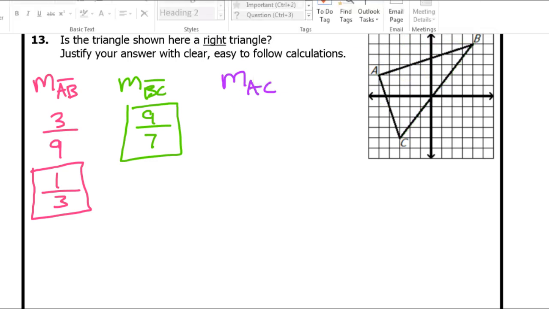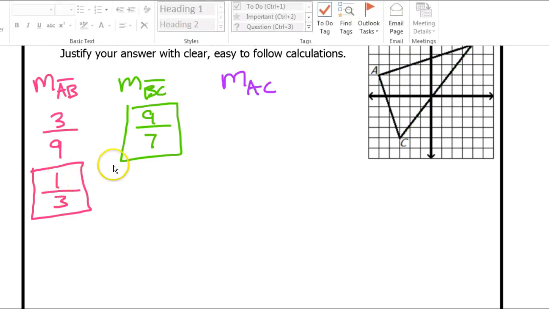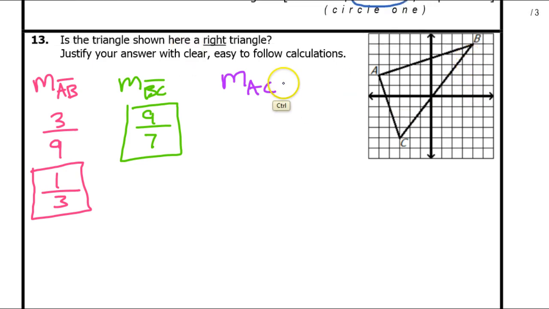All right, so far these are not opposite or reciprocal. Our last hope for having a right triangle is AC.